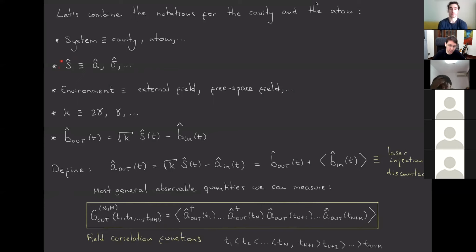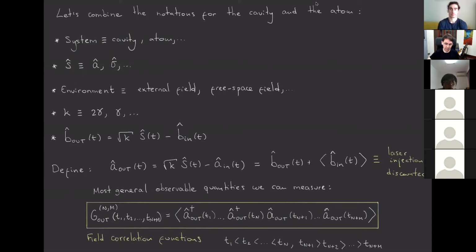Then I will call operator S the operator that describes how you remove excitations from your system, which in particular is the annihilation operator for the cavity and the lowering operator for the two-level atom. Then we call environment the external field or free space for the atom, where radiation is emitted by the system. Then I define a kappa that is either 2 gamma or gamma for the cavity and the atom. And therefore, the output operator in both cases takes this form, okay?